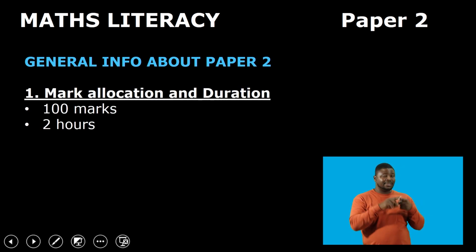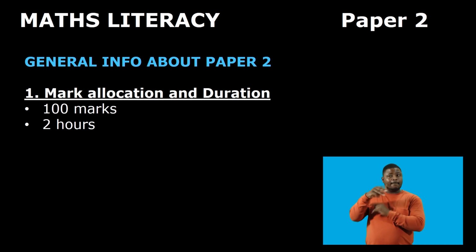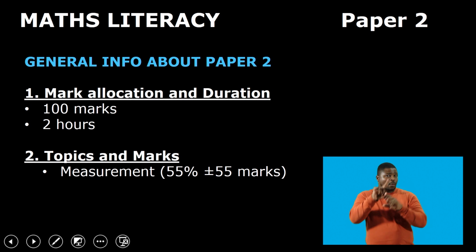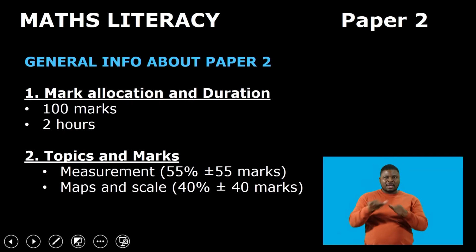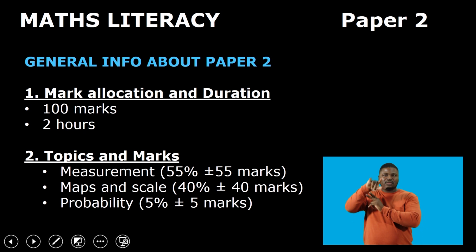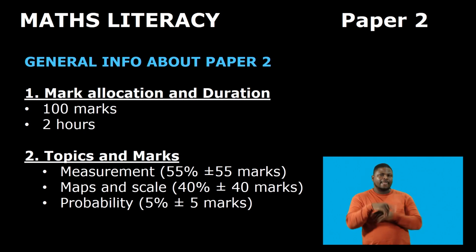It is 100 marks for 2 hours. Then your topics will be measurement for more or less 55 marks, then maps and scale, 40 marks, and the other 5 marks will go to probability. Remember, this is just plus minus. It can vary according to the examiner.